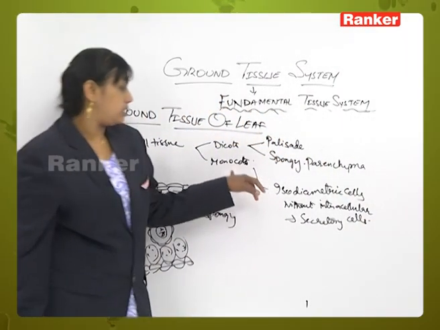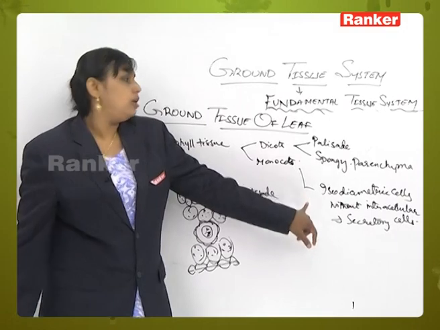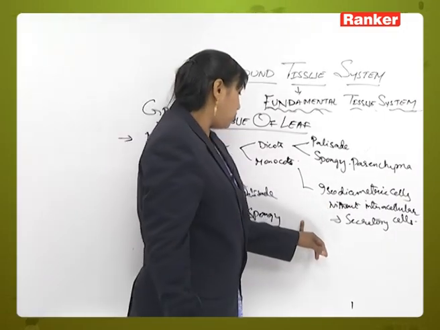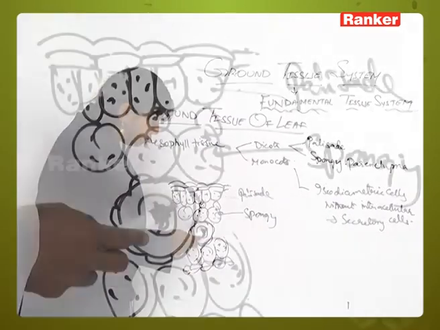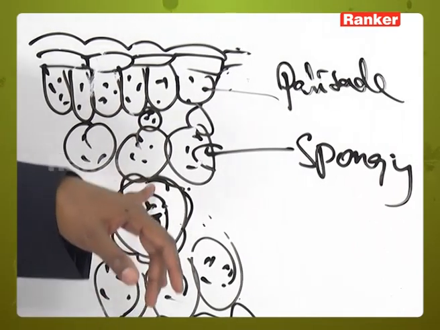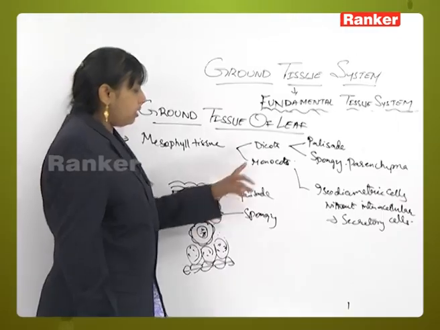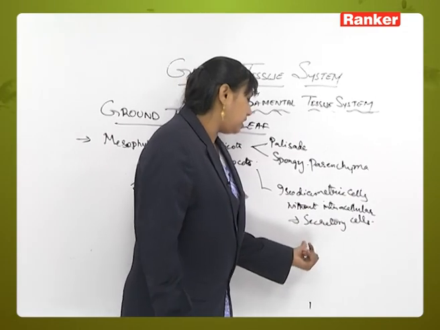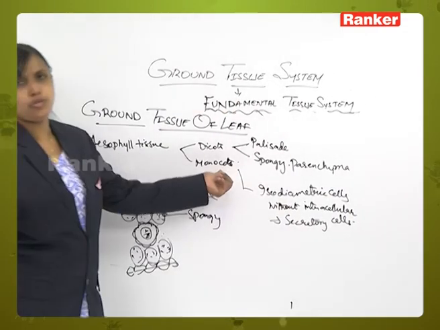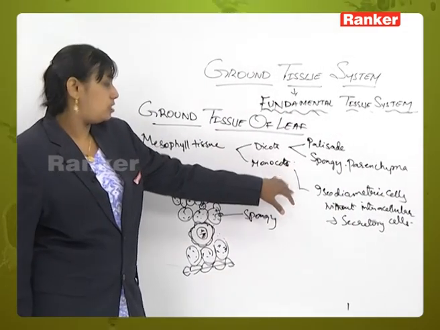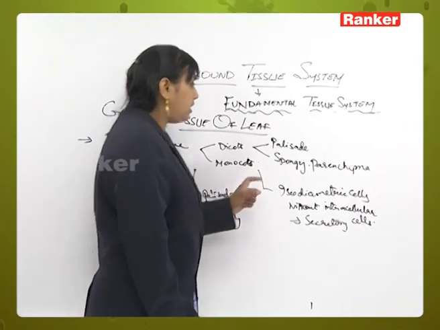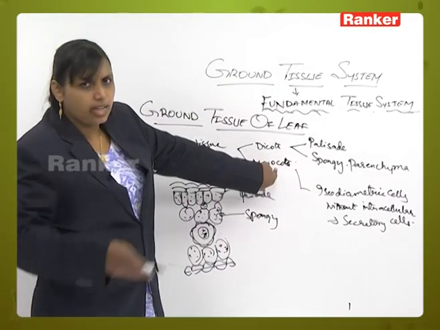Secretory cells are also present in the mesophyll tissue of monocots. In the dicot leaf, on both sides of the vascular bundle you will see bands of collenchyma, whereas in monocot leaves you will see bands of sclerenchymatous tissue on both sides of the vascular bundles, and these are covered by a layer called bundle sheath.